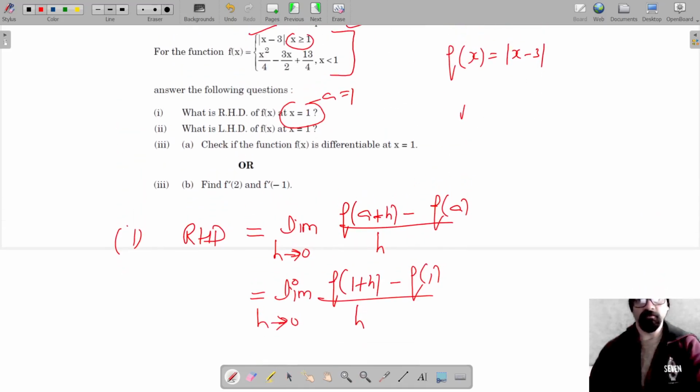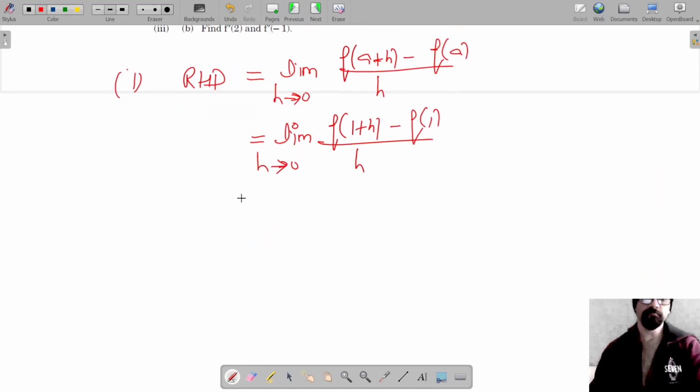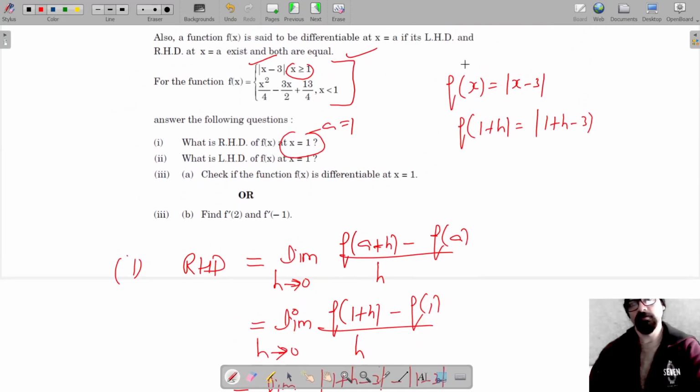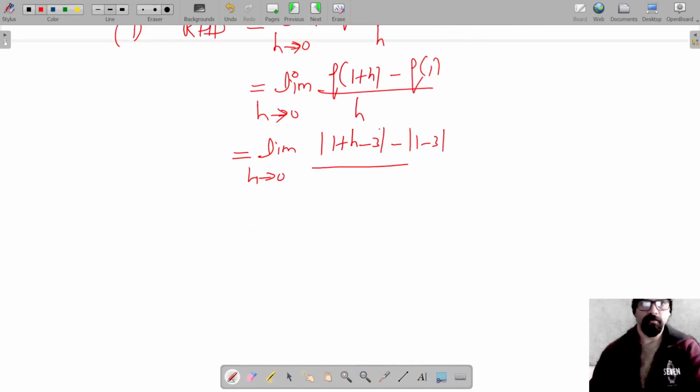So for 1 plus h, f of 1 plus h is 1 plus h minus modulus of 1 plus h minus 3. And f of 1 is 1 minus modulus of 1 minus 3. Let's put this upon h.